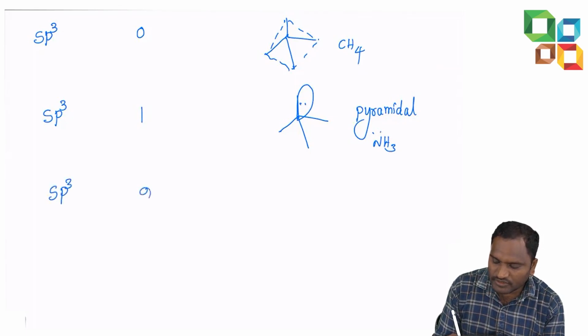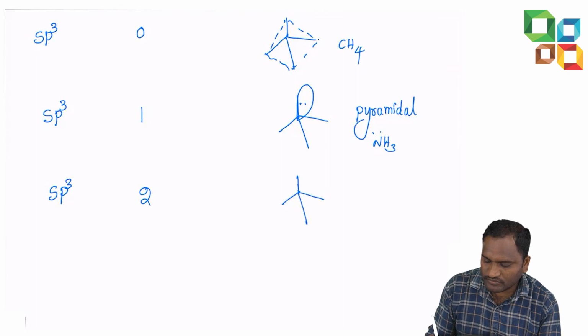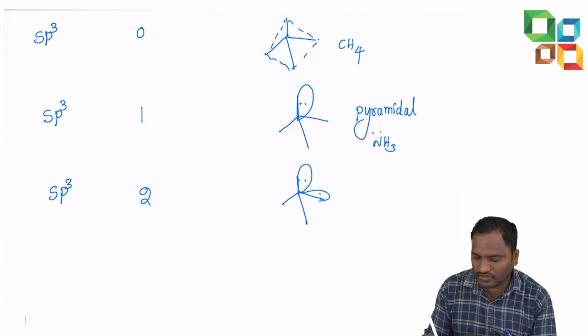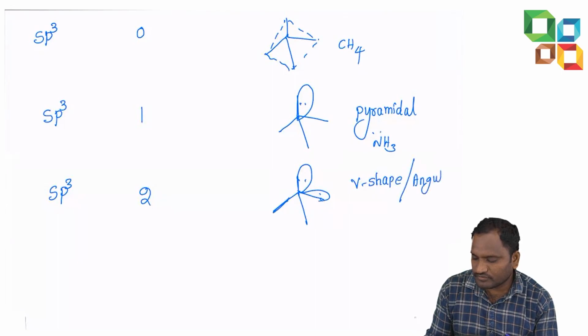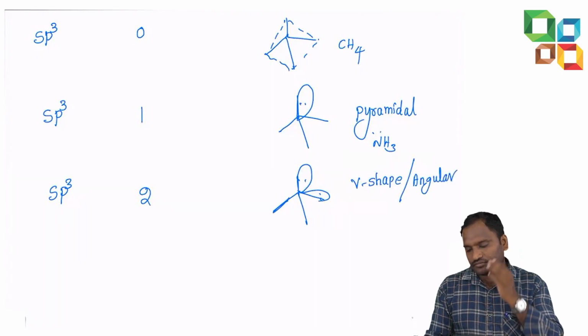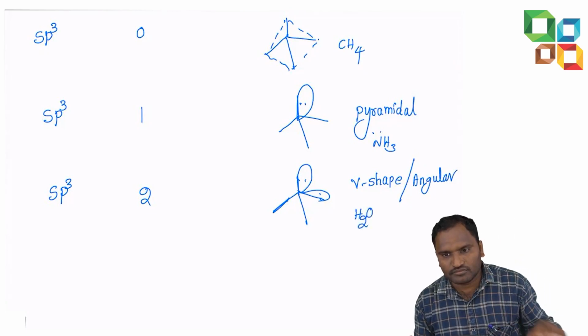sp3 with two lone pairs: here one lone pair, here one lone pair, anywhere you can. The shape is V shape or angular shape. Example is H2O.